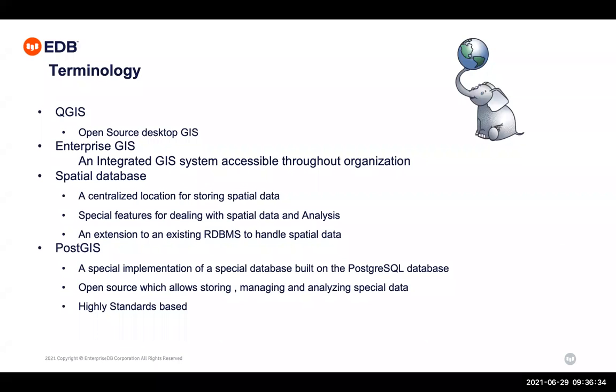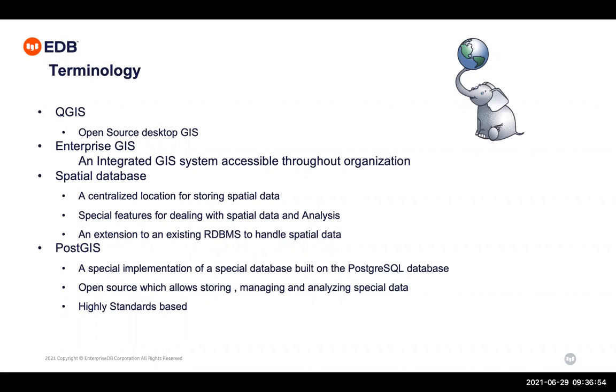When I say spatial database, a spatial database is a centralized location for storing spatial data, any type of spatial data, as I said, of geometry or geography. A spatial database has spatial features for dealing with spatial data and analysis.